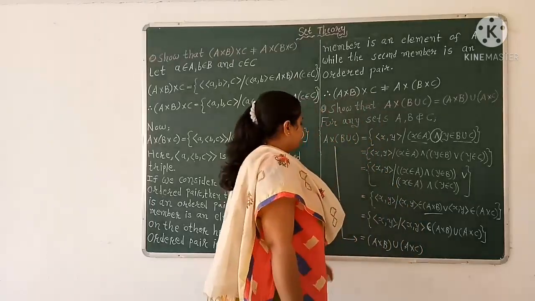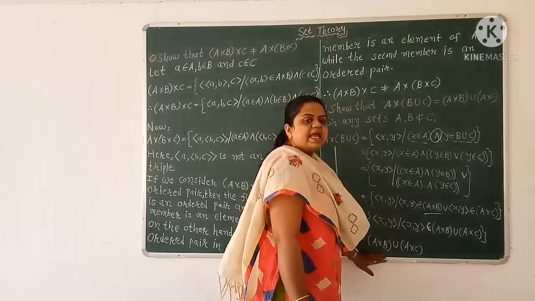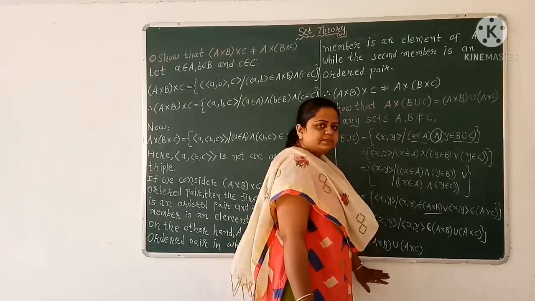So, we have A × (B ∪ C) is equal to (A × B) ∪ (A × C).